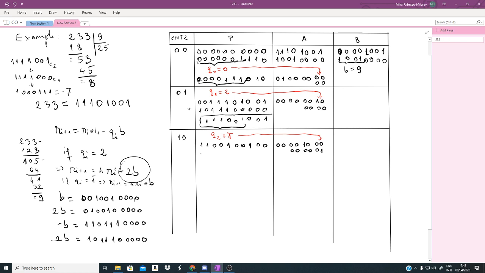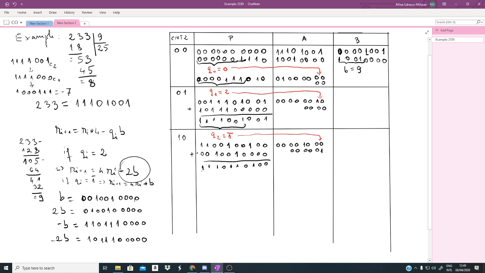So in this case, I'll have to add b, and b is 0, 0, 1, 0, 0, 1, and then 4 zeros. Okay, is this guy. Now we add, and we obtain 0, 0, 1, 0, 1, 1, 0, 1, 1, and 1.